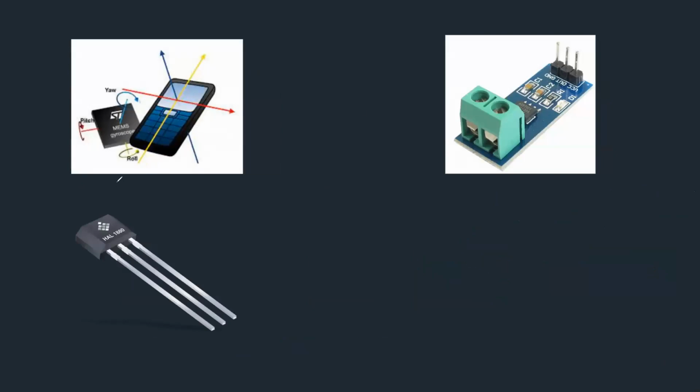Okay, so when we talk about smartphones, again we have another important sensor that we can consider. So we have the gyro sensor. The gyro sensor is used to measure angles, orientation, and angle of rotation.